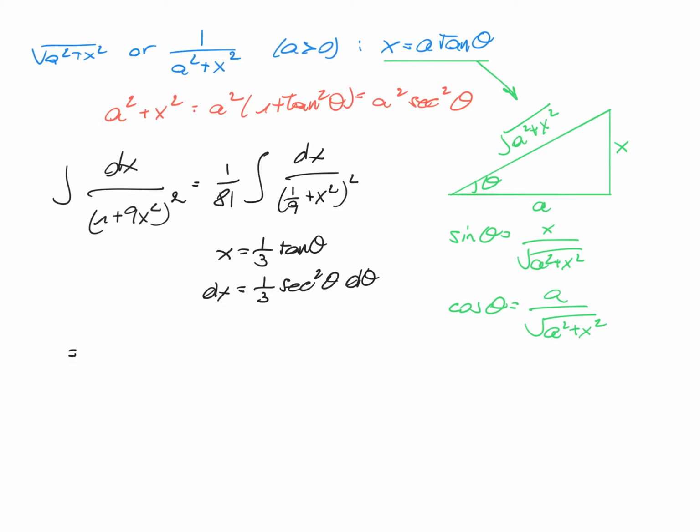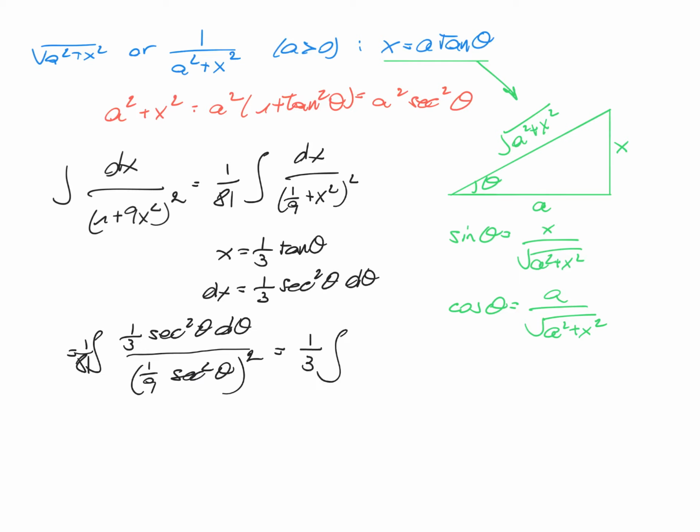We then plug this into the integral, so it is 1 divided by 81 times 1 over 3 secant squared of theta d theta, and then below we have (1 over 9 secant squared of theta) to the power 2. If we then simplify the expression, it is 1 over 3, the integral of secant squared of theta over secant to the power 4 of theta d theta.